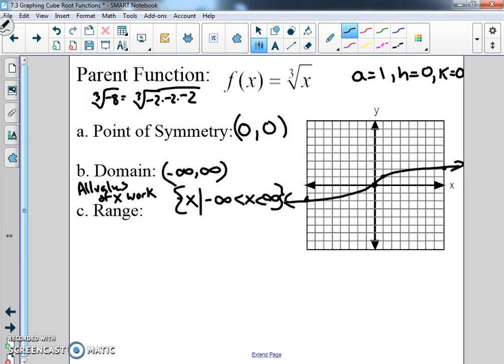Well, we're going to continue to go up in our y values as x becomes positive. As x becomes more negative, our y values will continue to decrease. So we're basically going to have all values of y. And thus our range will also be from -infinity to +infinity in interval notation.